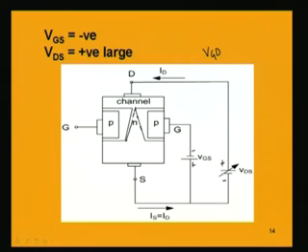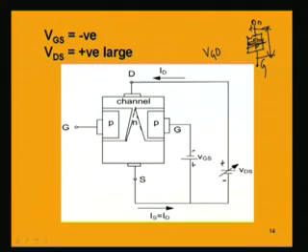Because if you look into the two terminals gate and drain, the drain is having this channel N, and this gate is having this P. So, the depletion layer depends upon the potential between the gate and drain.